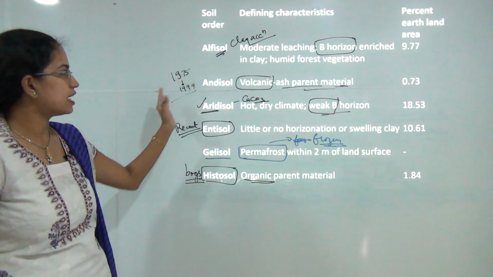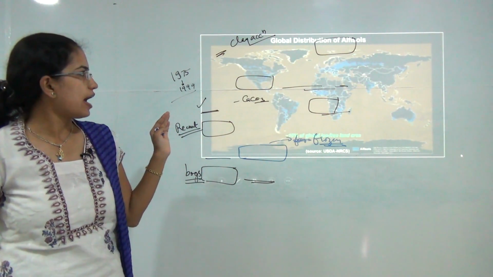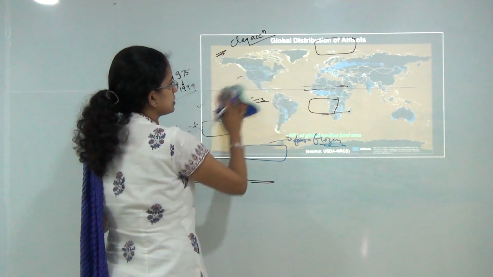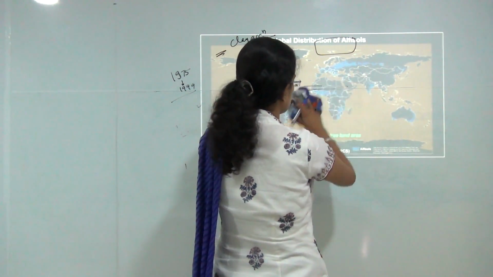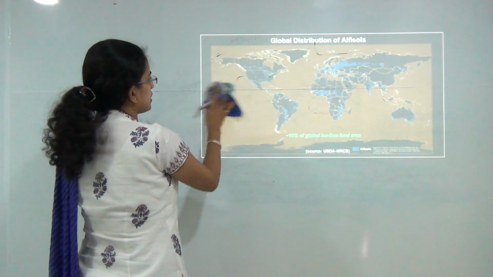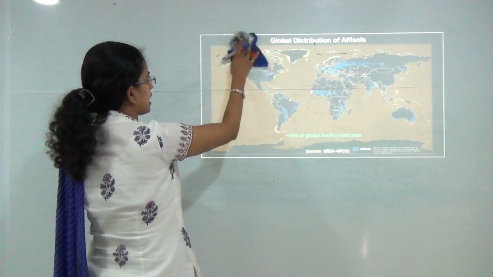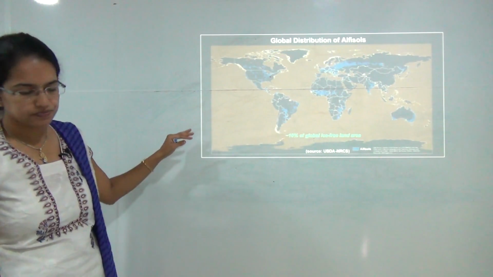Now let's understand this one by one on the globe. So you have Alfisol, as you can see, scattered across the globe. You have regions of Alfisol soils found around the earth with high clay accumulation and good horizonation for B soils.